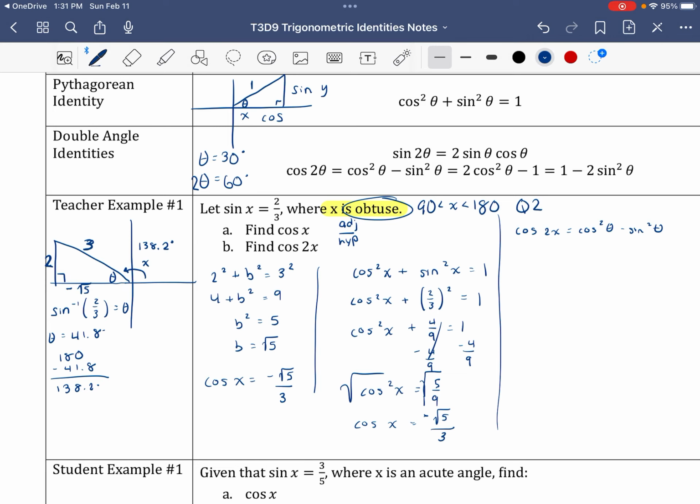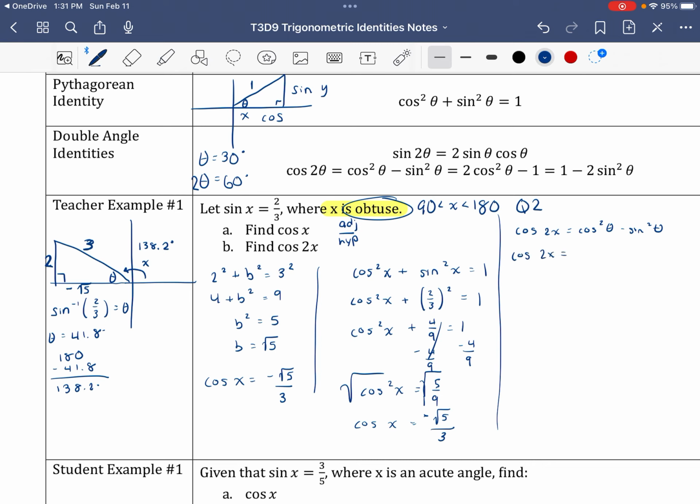Any of them will work. And in a situation where maybe you're a little bit unsure if your cosine x is correct or not, it might make more sense to use this very last one, 1 minus 2 sine squared theta, since the sine squared value is given. Therefore, it has to be completely accurate.